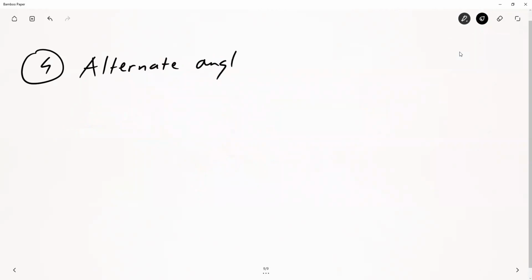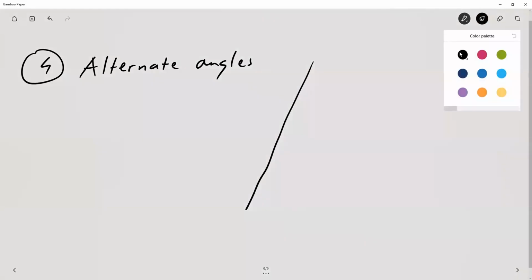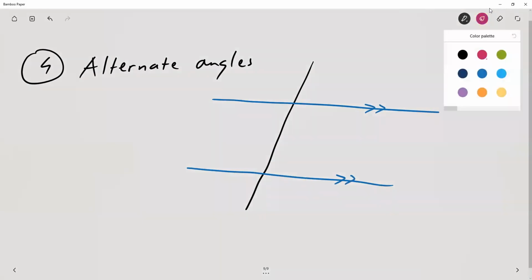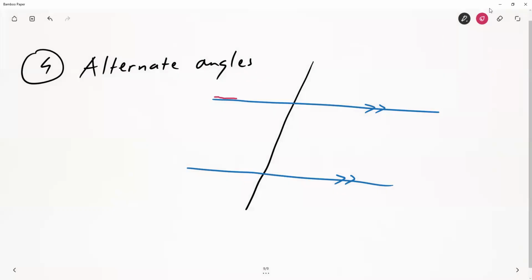angles. So again, if you have a straight line and then you cut this straight line by using two parallel lines, parallel. Now look at this. If you try to make like this letter Z in there, now we have the first angle here and also the second one here.